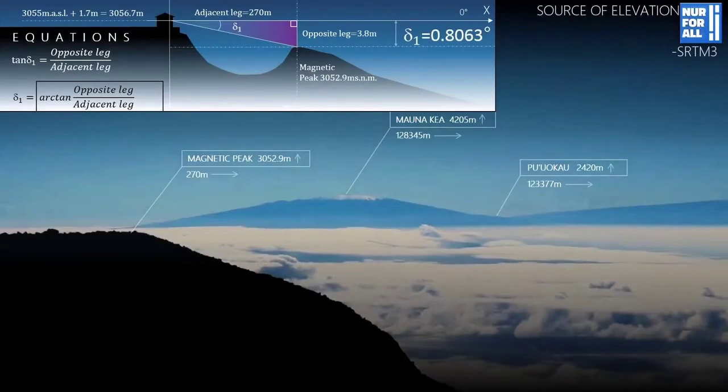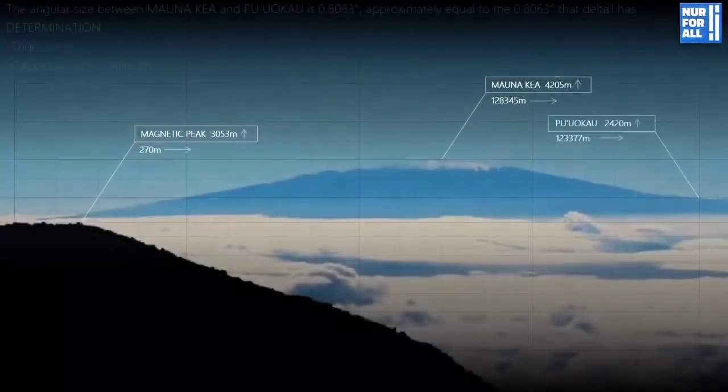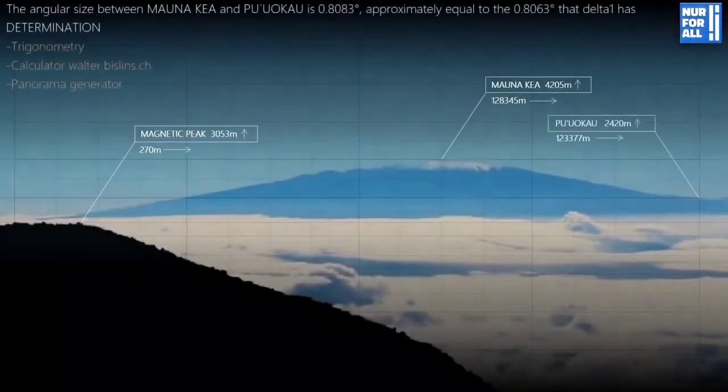We already know that in this capture the eye level is 0.8 degrees above the Magnetic Peak. We still need to know what portion of this image is equivalent to 0.8 degrees, and to represent angles we have to build a scale. It turns out that between the top of Mauna Kea and a small peak called Haleakala there is 0.8083 degrees.